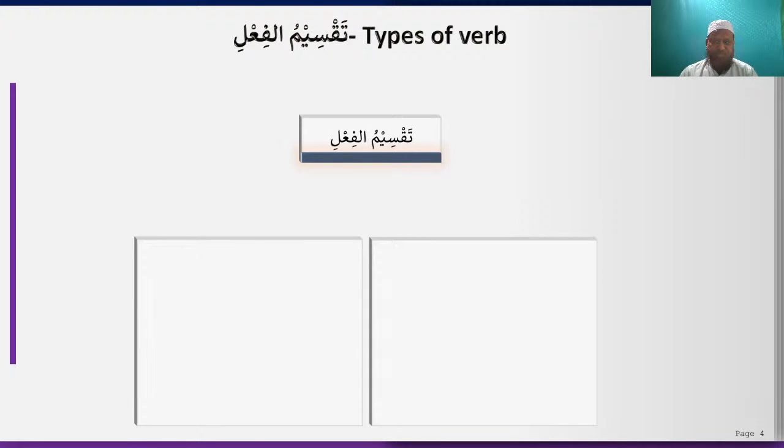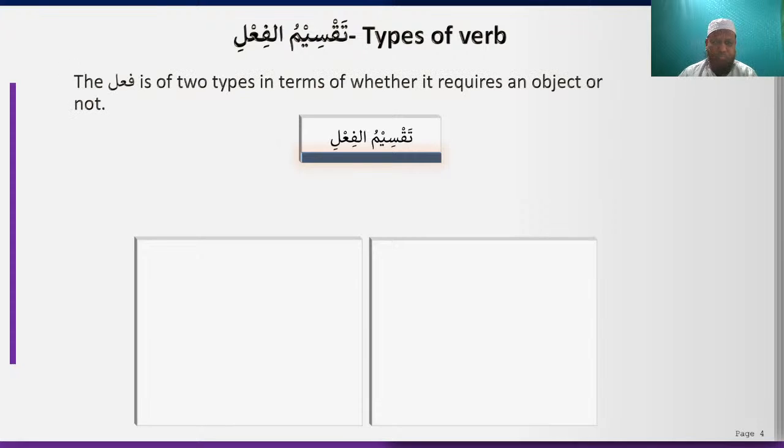In terms of مفعول به, there are some فعل that do not require مفعول به, and there are some فعل that do require مفعول به. So تقسيم الفعل: there are two types of فعل. The فعل is of two types in terms of whether it requires an object or not.